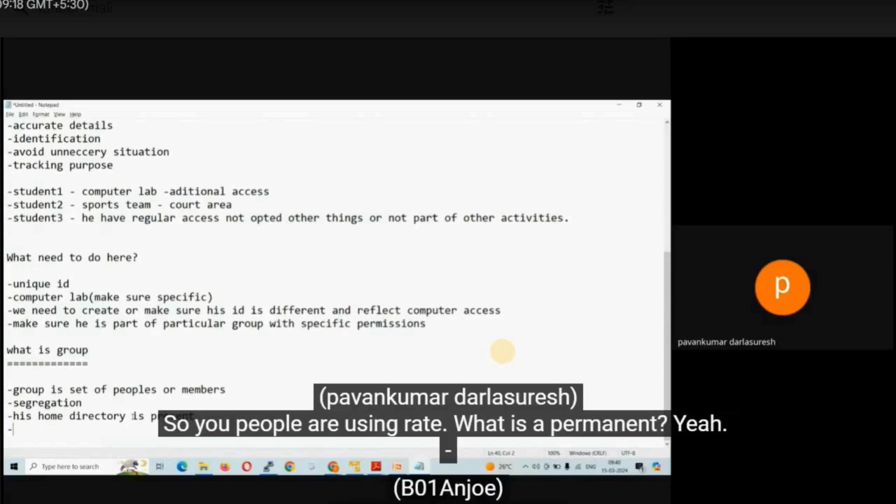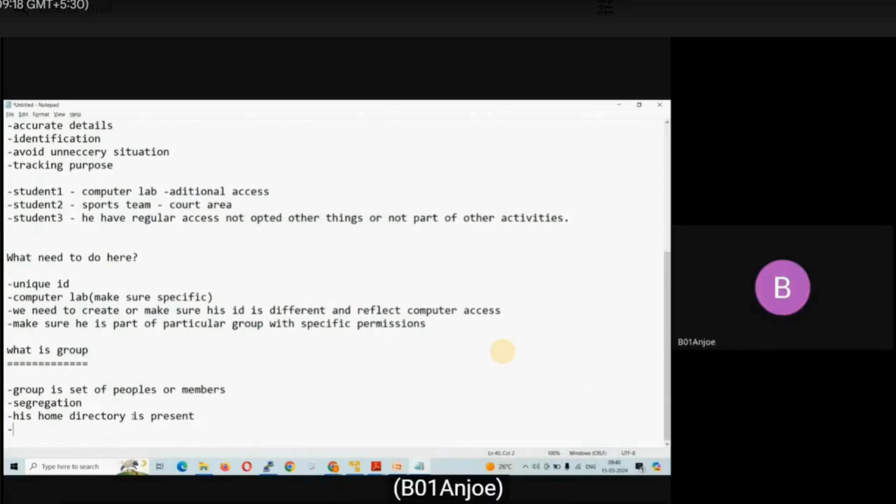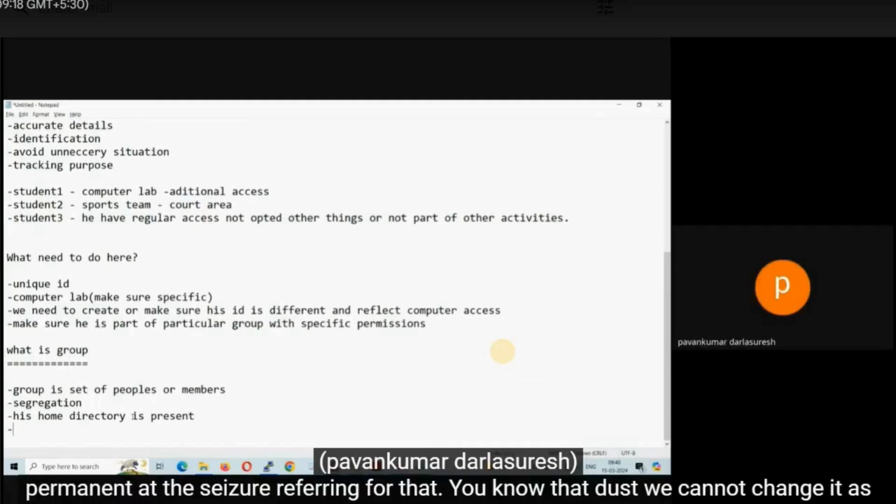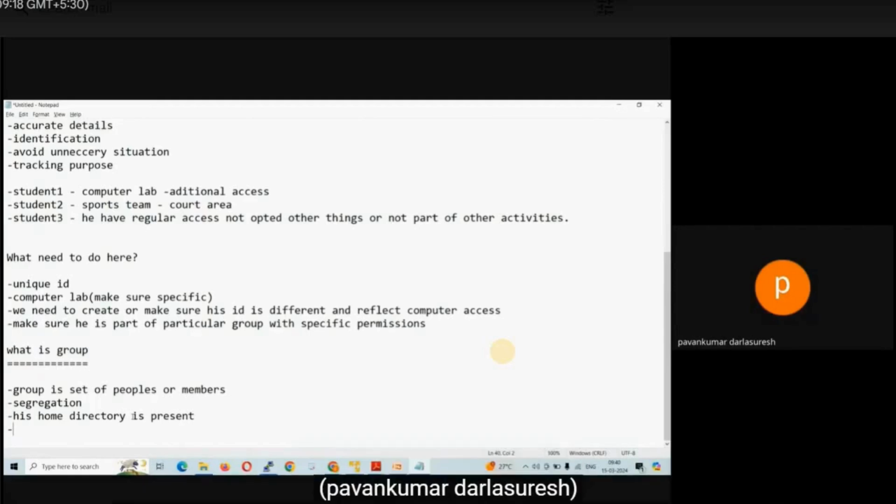So you people are using these, right? So what is a permanent address? They might be currently staying somewhere else, or somewhere close to the college, and then they have a permanent address as well, maybe in some other state. Permanent address refers to the address we cannot change as of now, meaning you are staying for a long time, let it be more than 4 or 5 years.